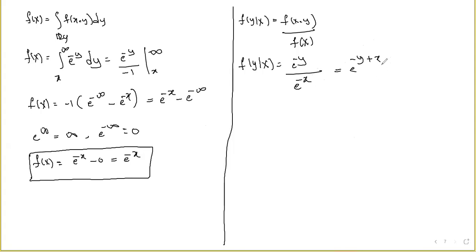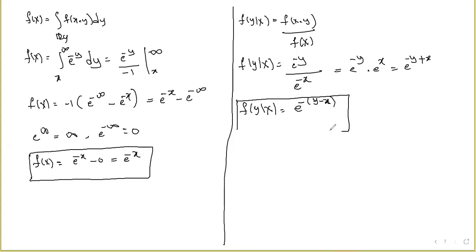If you have any doubt, just check here: e power minus y, and 1 by e power minus x is e power x. Bases are the same, so the powers must be added. So f of y given x equals e power, taking minus common, minus of y minus x, right? So this is our f of y given x.